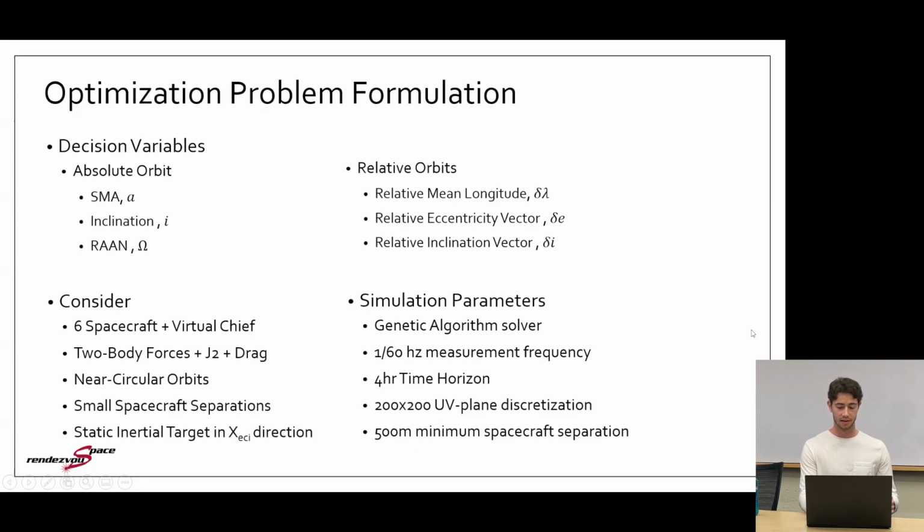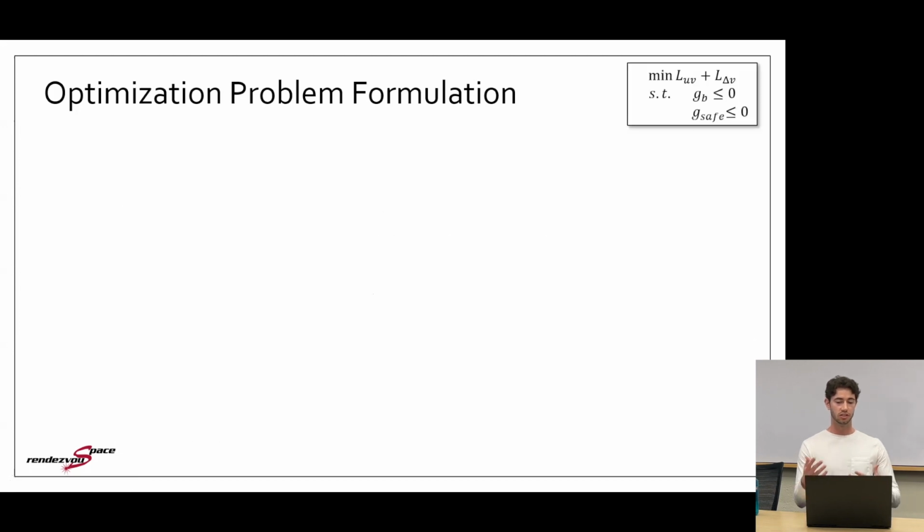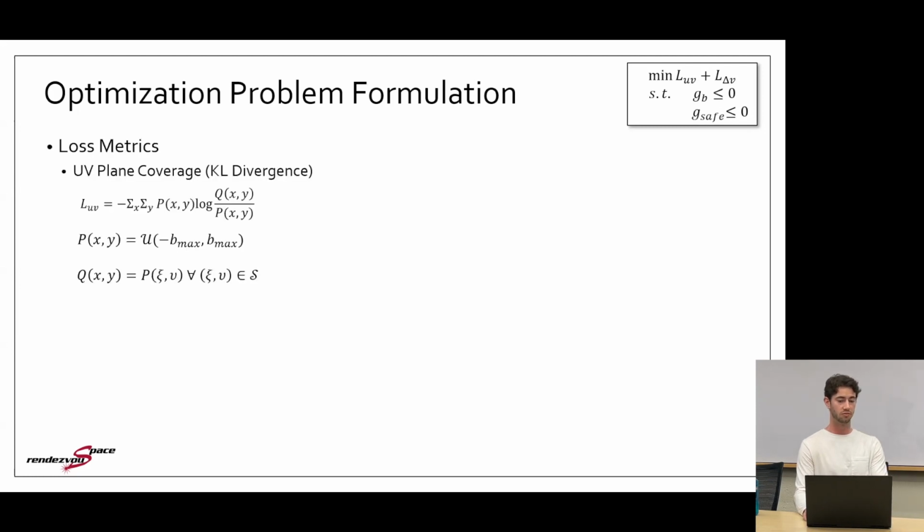It's also important to understand what our loss function is in this optimization. We have 2 objectives that we're looking to optimize for. The first is UV plane coverage, which I've modeled as a KL divergence. If we consider this distribution P as our desired measurement distribution, or distribution of samples in the UV plane, the best case would be uniform sampling at every point in the plane up to some discretization.